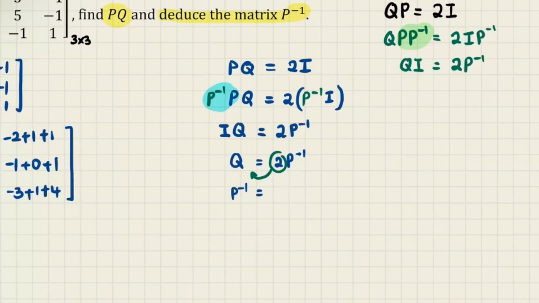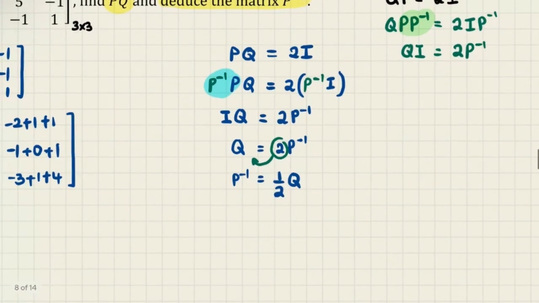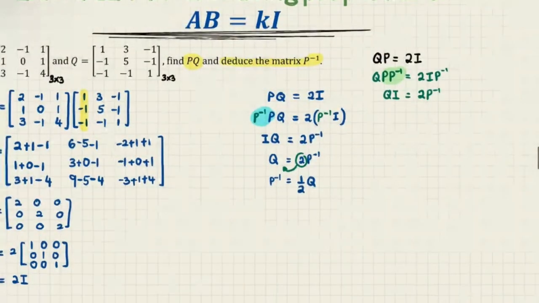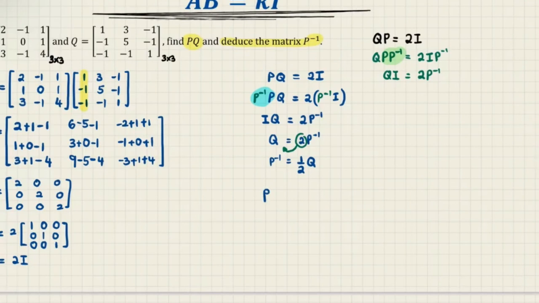So kita buat macam mana? 1/2 didarabkan dengan Q. Okay. So dapatlah P inverse. Okay, so that means by this property, our P inverse will be equals to 1/2 didarabkan dengan the whole element of Q. Element of Q yang mana? Yang ini.